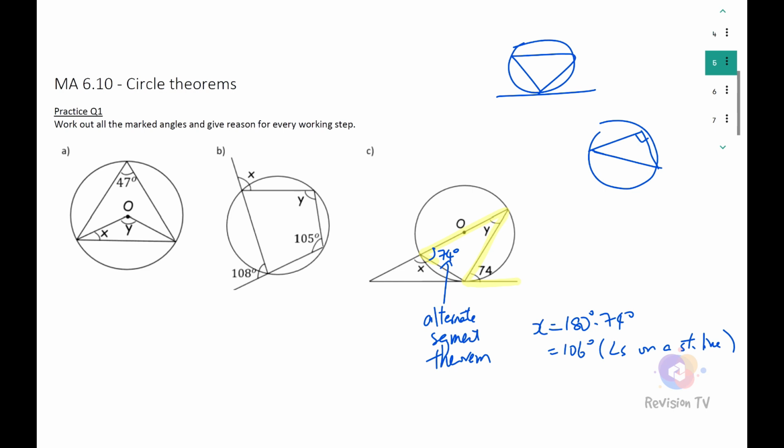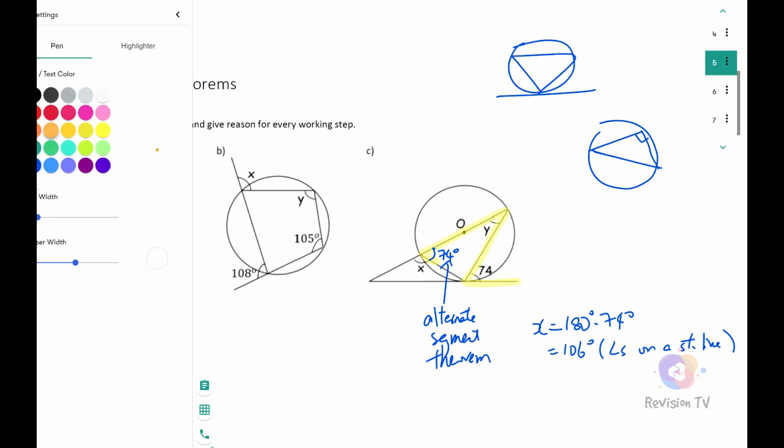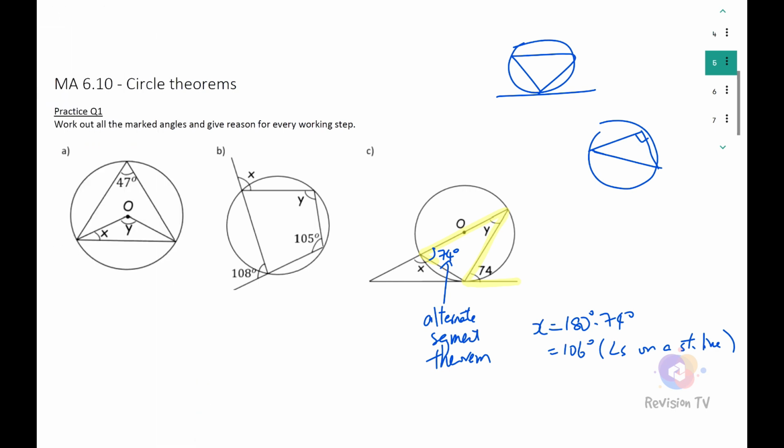Now, what about y? So y takes a bit of time to work out. First of all, if you recall these circle theorems, drawing them up is going to be quite handy, because if I know I've used that one, chances are I'm going to use that one. So where can I use that one? Well, that's my right angle.